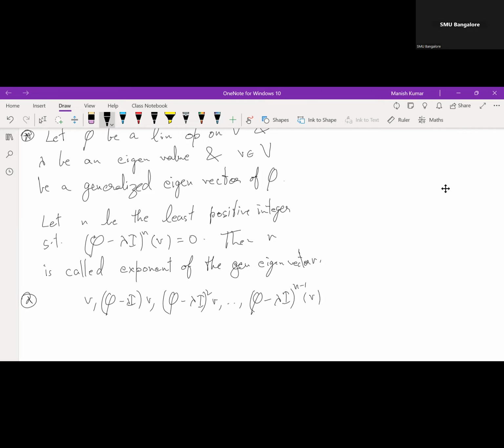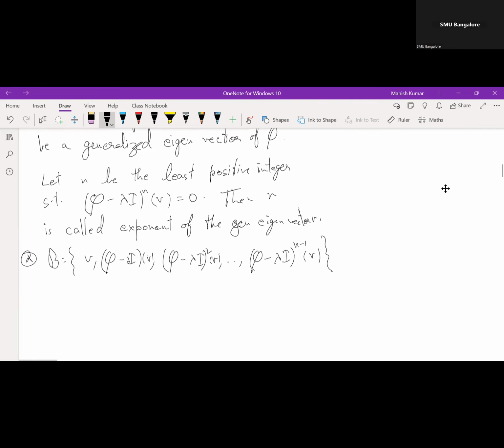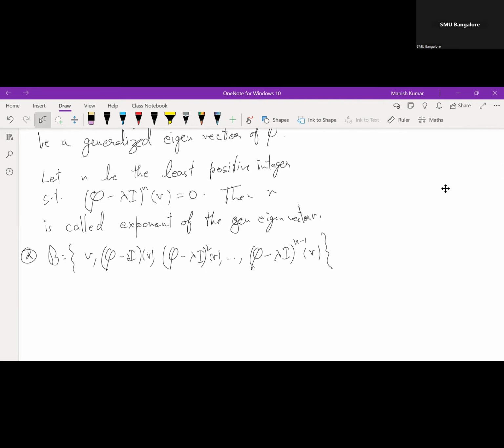You consider this set, let's call it B. Then B is a linearly independent set. And let's say W is the span of B.